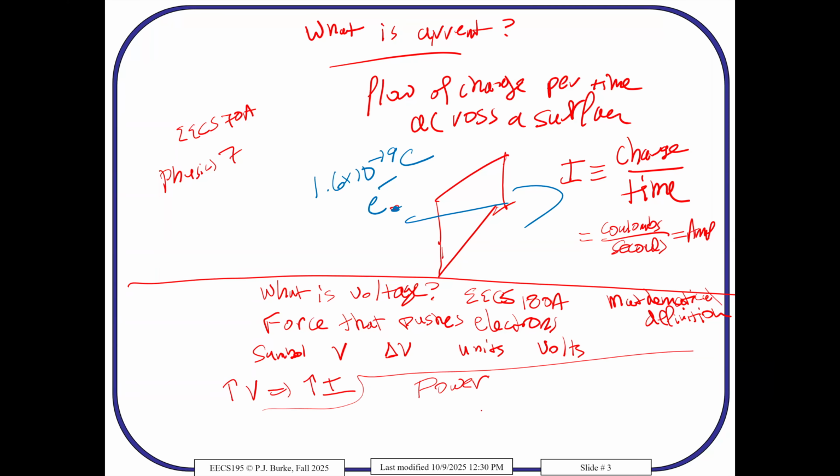We don't do much power calculation in this course, but just for completeness, it's the current times the voltage. It has units of watts, which is equal to joules per second.